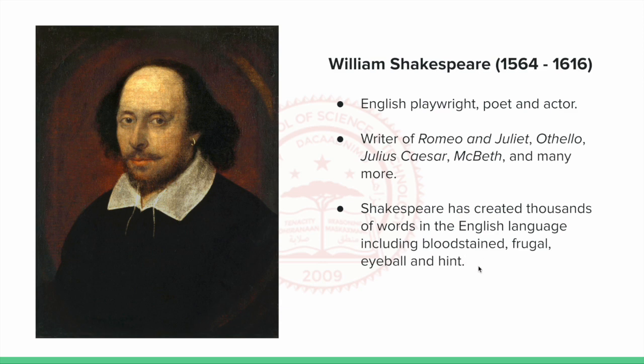So many words in our English lexicon were invented by this man right here, which is quite an incredible accomplishment. But a fun fact I'll add here is that it's actually debated whether or not these plays here, Romeo and Juliet, Othello, Julius Caesar, were actually written by William Shakespeare.